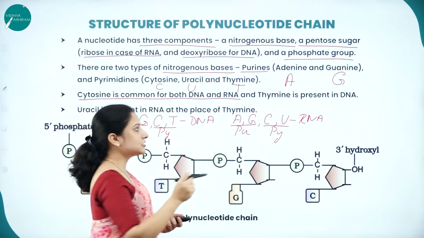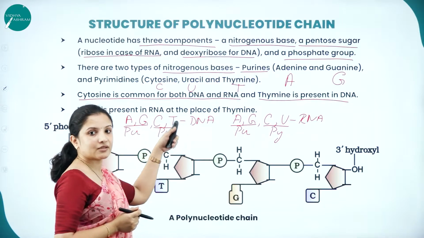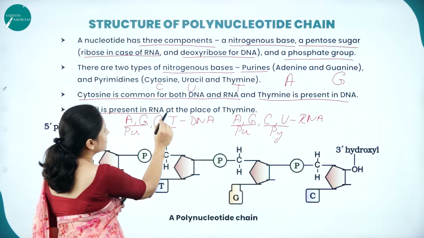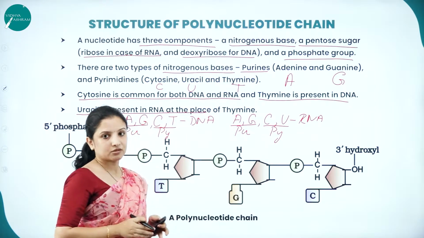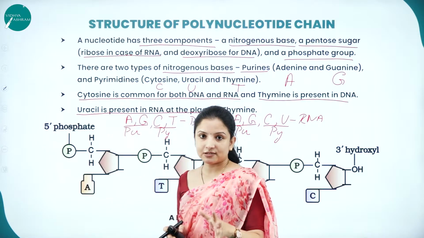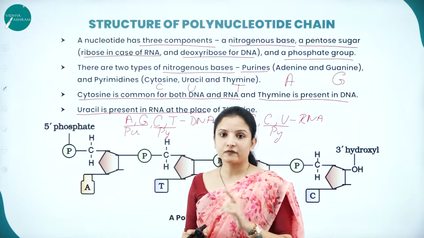But thymine is present only in DNA, and the pyrimidine base uracil is present only in RNA and it replaces the thymine. So, that is the difference between the nitrogenous bases of the DNA and the RNA, in particular the pyrimidine bases.